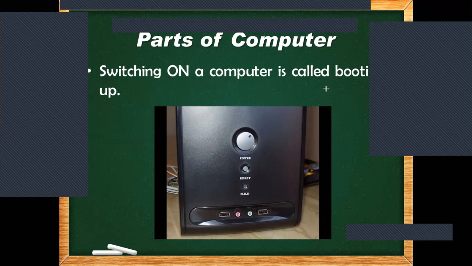B, O, O, T, T, I, N, G. And what is the spelling of up? U, P. That's great.